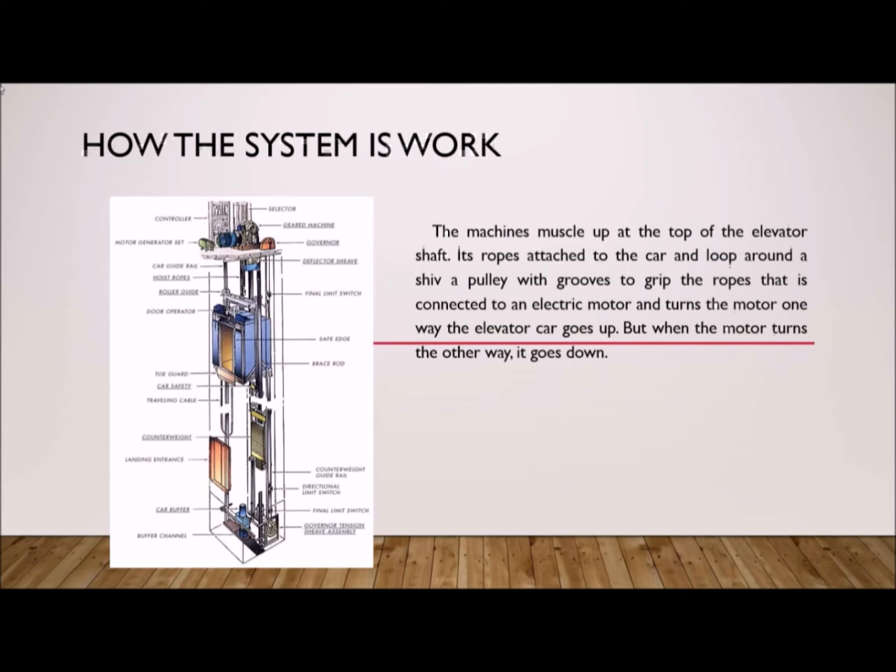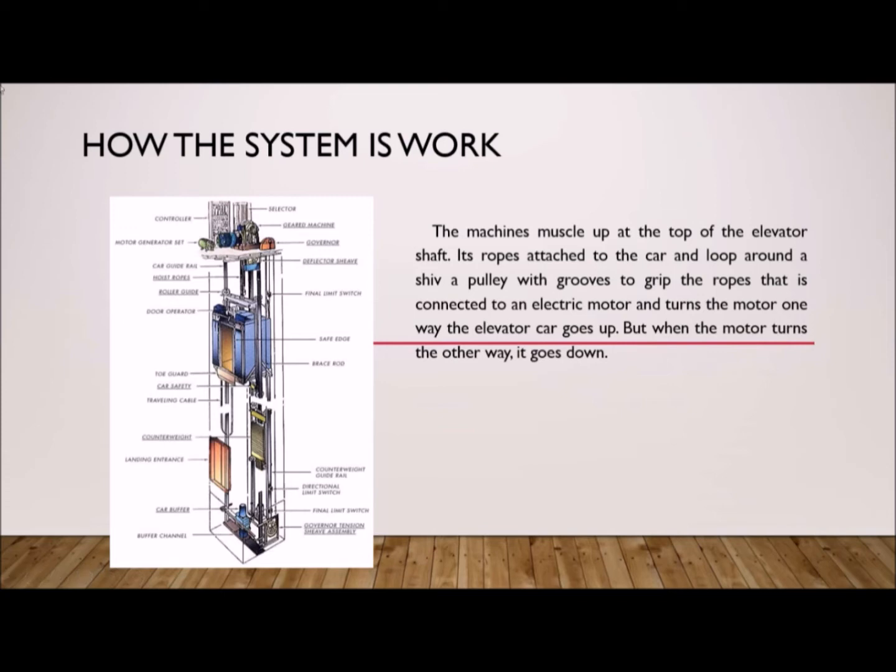The most popular elevator design is the rope elevator in this figure, where a car is raised and lowered by steel cable. The machine is mounted up at the top of the elevator shaft. This one.